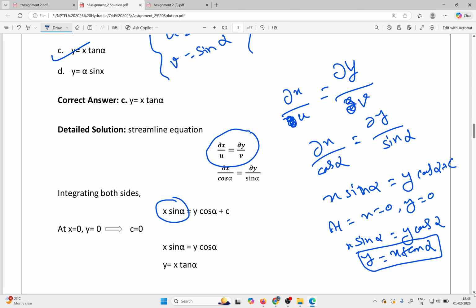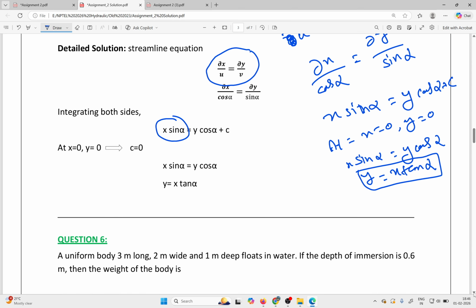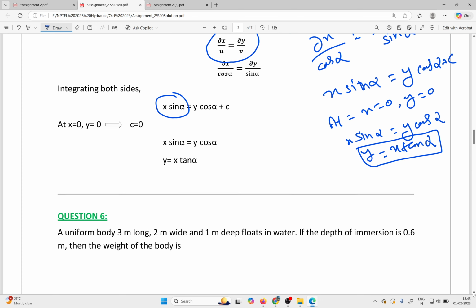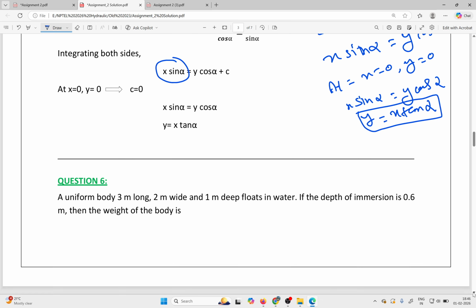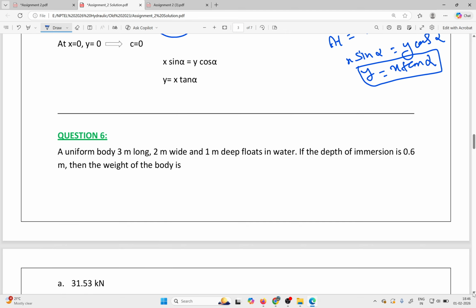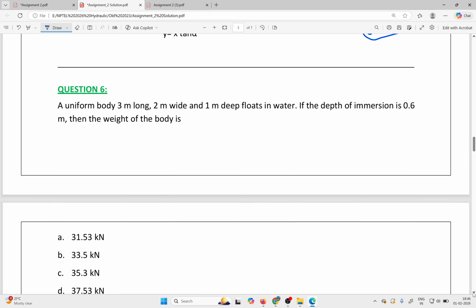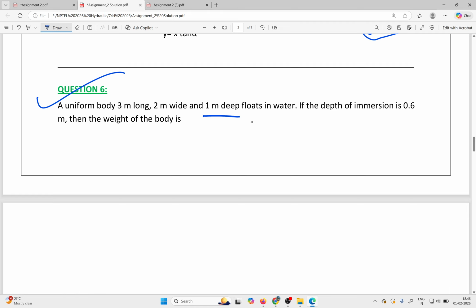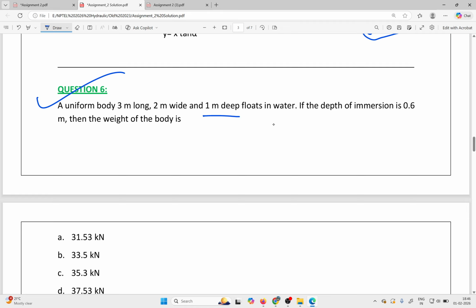Next question, question 6. A uniform body 3 meter long, 2 meter wide, and 1 meter deep floats in water.